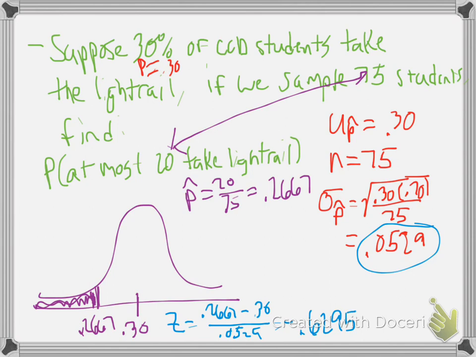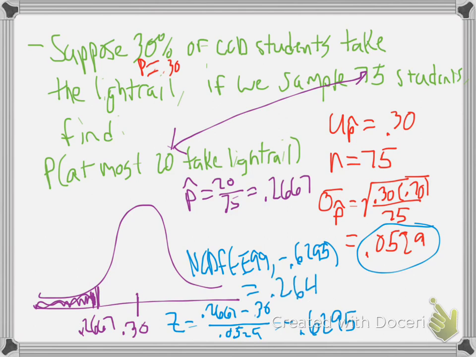So we have to find the area to the left of that. We use normalCDF from negative E99 to negative 0.6295. Plug that in, and we get 0.2645. So about a 26% chance that at most 20 would take the light rail, or 20 or less.